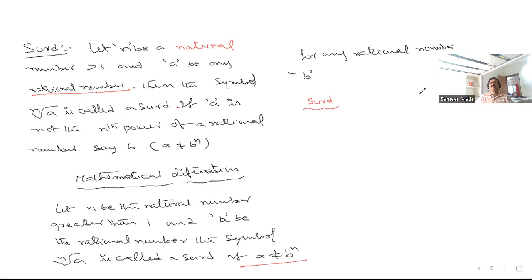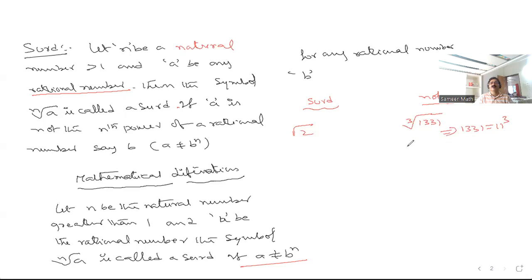Surd, and you see here, not a surd. What is a surd? If I write root 2, irrational, perfectly it is a surd. But whereas here, if I write cube root of 1331, is it a surd? Certainly not. Why? 1331 can be written as 11 cube.